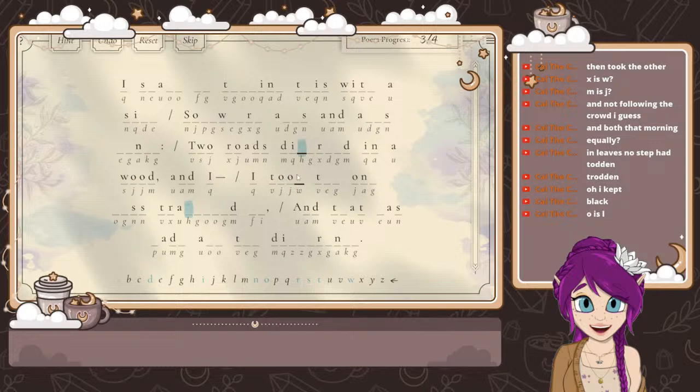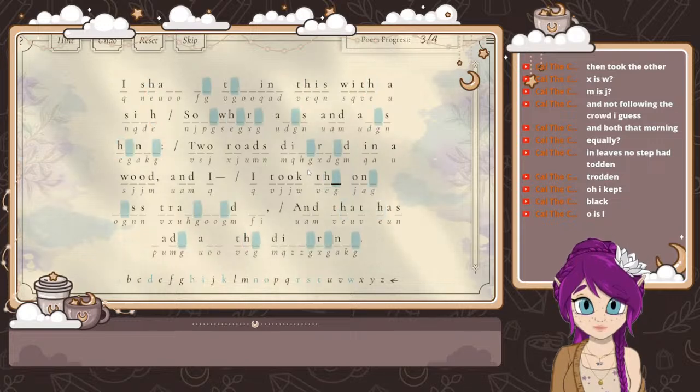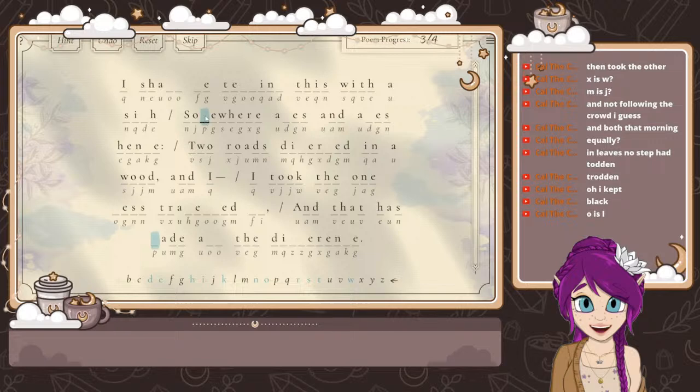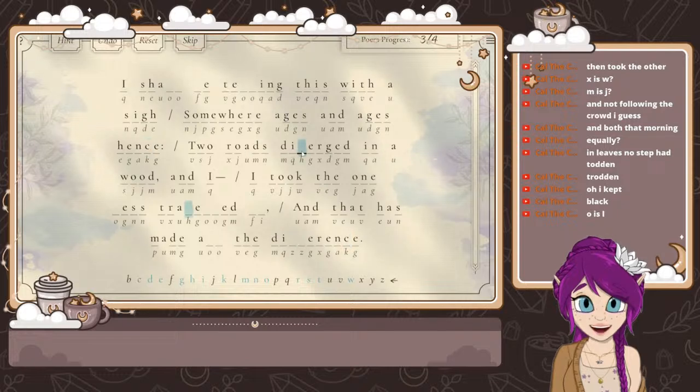And I took the, excuse me, the, somewhere, ages and ages hence, 2 roads diverged in a wood, and I took the one less traveled.